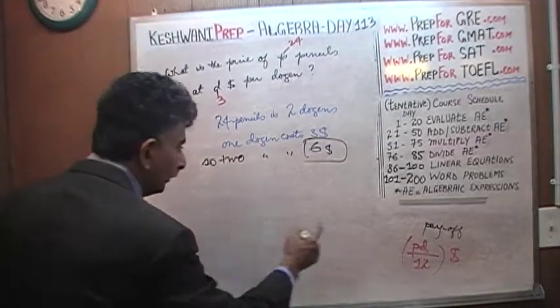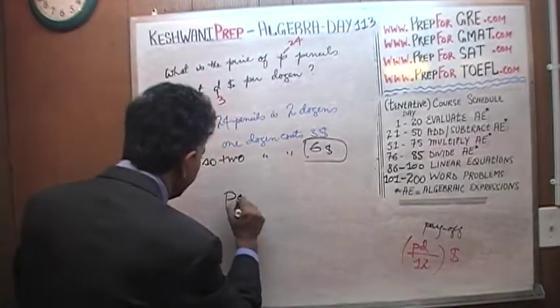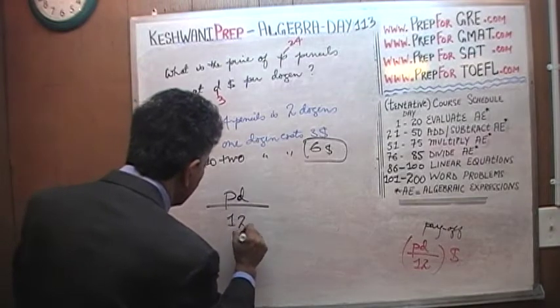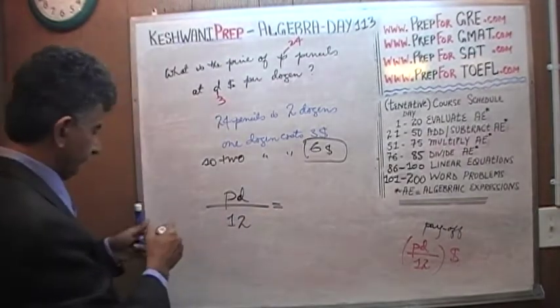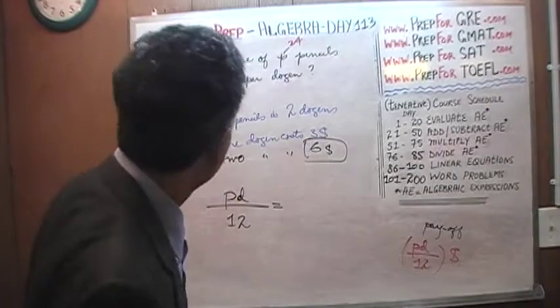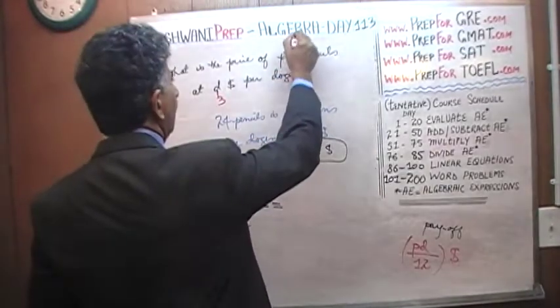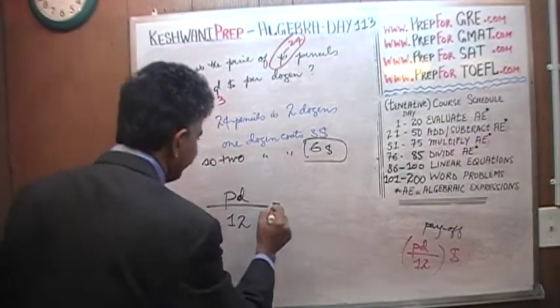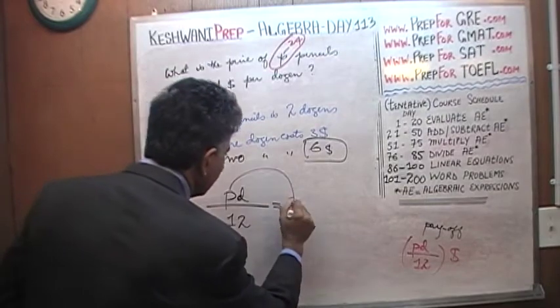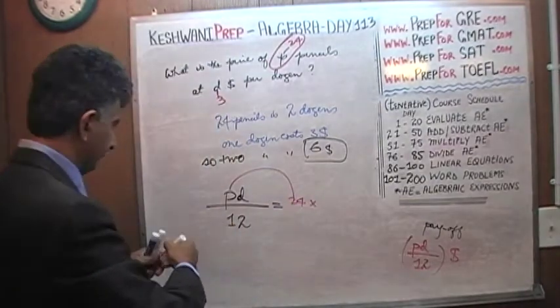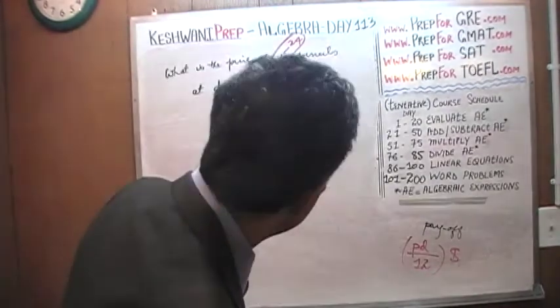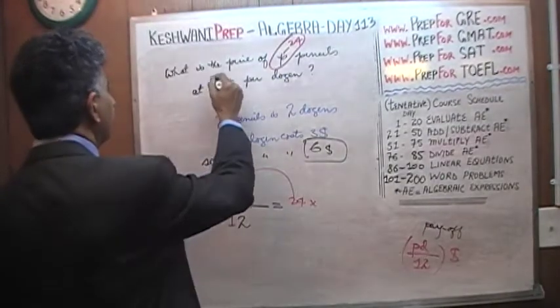Let's find out. The answer was P times D over 12. Watch what happens. How much was our P? Our P was 24. How much was our D?